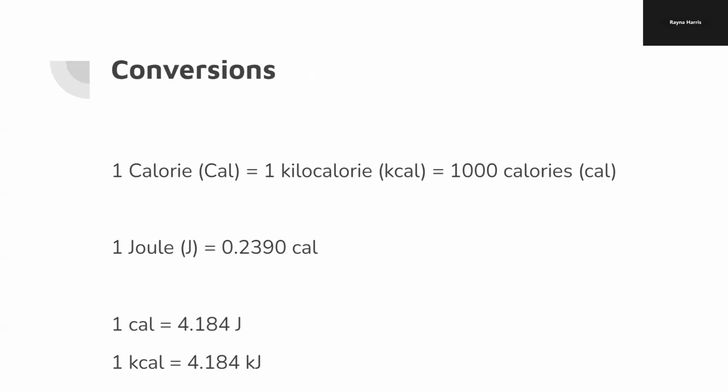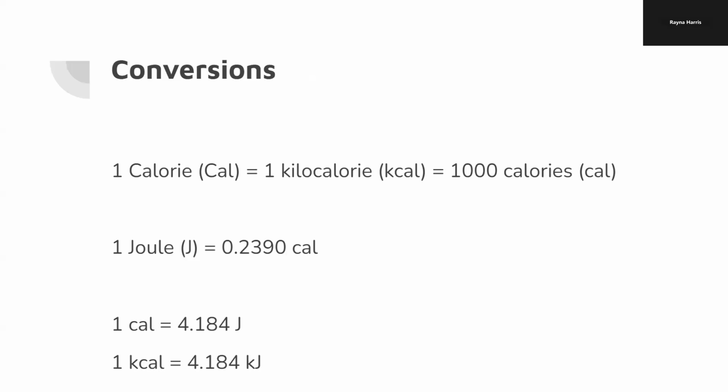Did y'all get a conversion handout? Does it have any of this on it? You should have gotten a conversion handout. Awesome. So this is the thing, you don't have to memorize it. If you use it a whole lot, you might eventually memorize it. But you should have this written down on a conversion sheet.